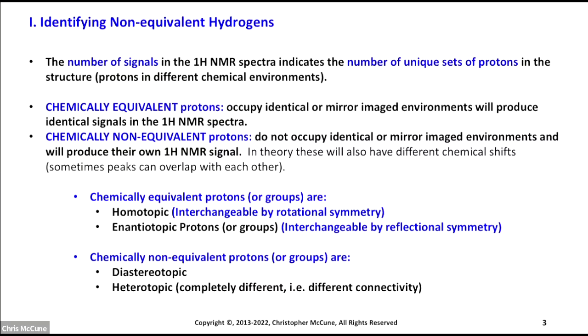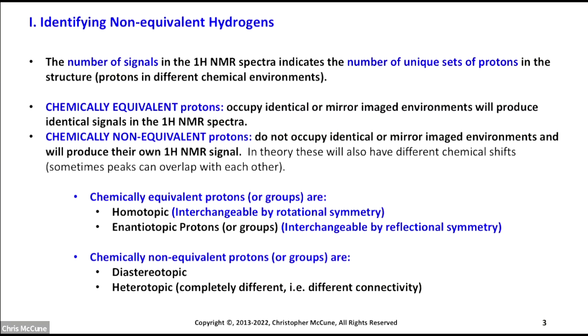Are they in theory different? Should they in theory give their own signal? And usually the NMR peaks are pretty well resolved when they're part of completely different functional groups, okay? Because different functional groups have completely different chemical shifts.